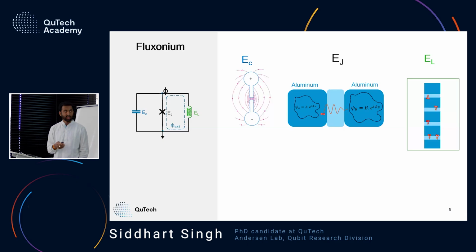So what we do instead is we use the Josephson effect to create a linear inductor by placing a lot of Josephson junctions in series. And once you make it long enough, it starts to become linear. And this is what we use as the inductor in the circuit. So now we know how we can try to realize a fluxonium in terms of components.